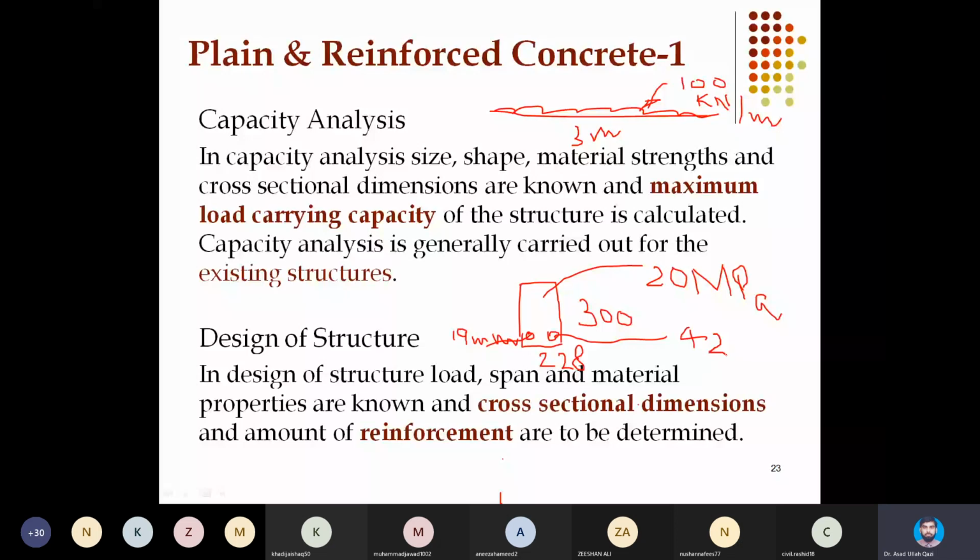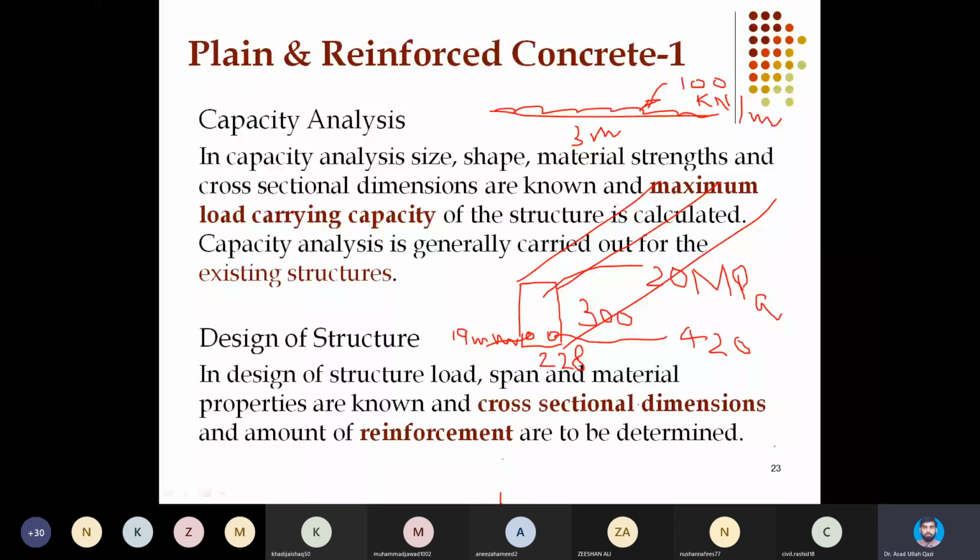So they are expecting that you will finally reply with this answer, that a beam with this cross section 228 by 300 with 2 bars of 19 mm, 420 grade, concrete of grade 20 can take on this 100 kilonewton per meter on a span of 3 meter.